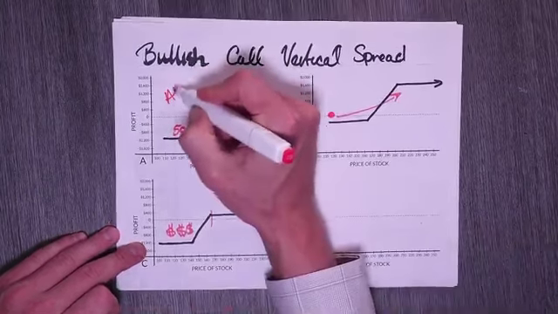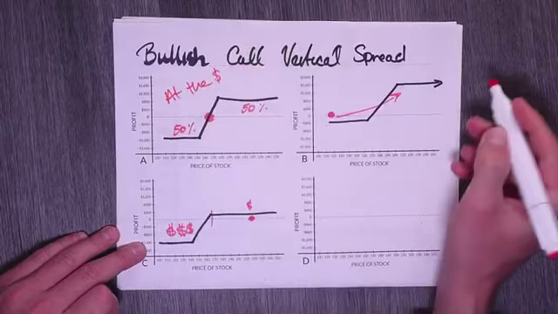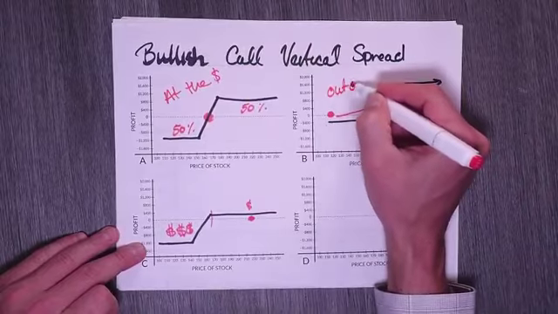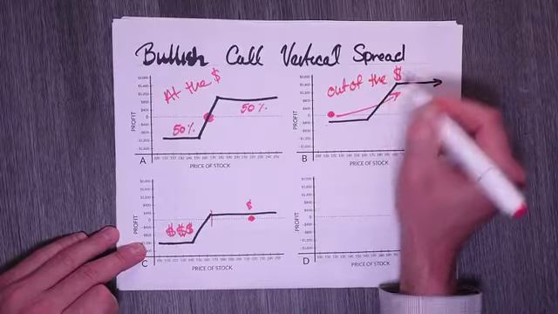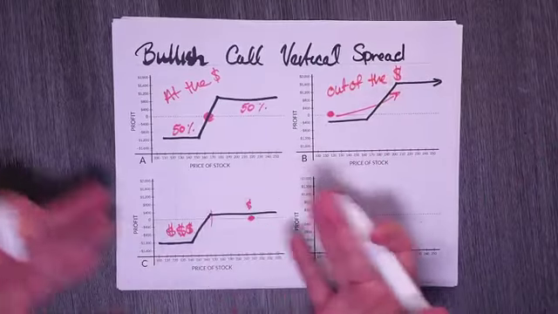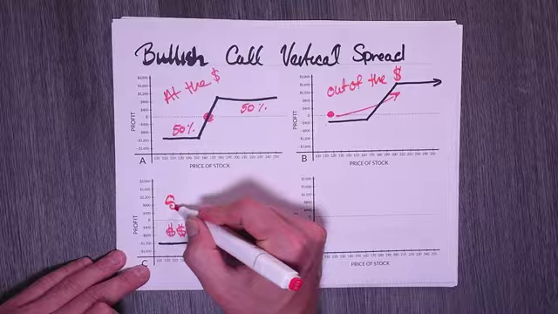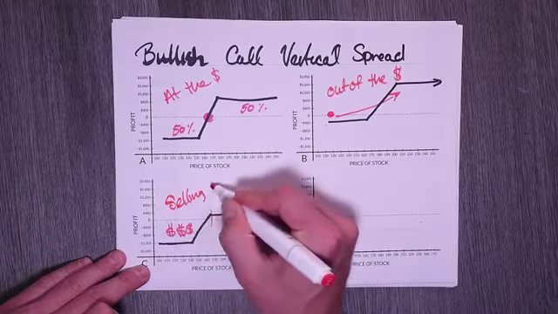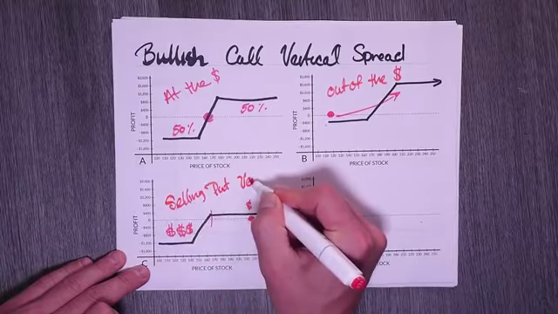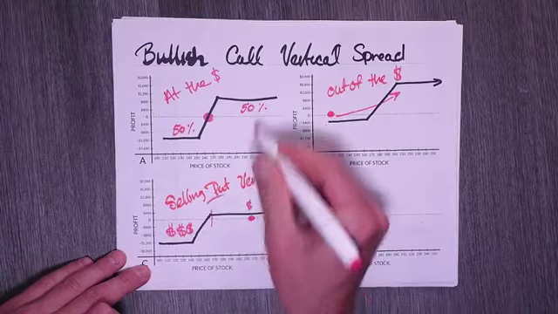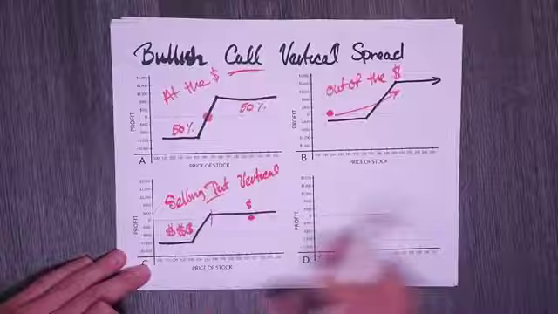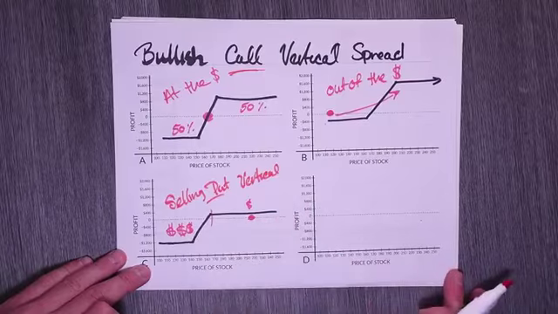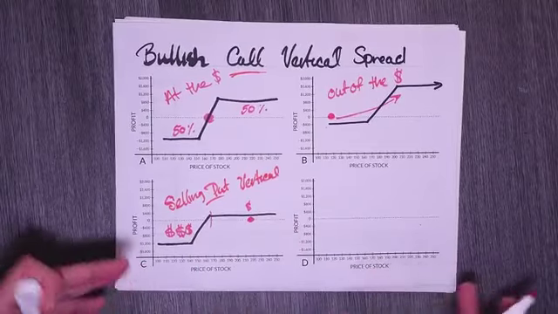This one is at the money. Okay. This one is out of the money. And this one is, you could say, hey, it's selling a vertical actually. So selling a put vertical. So it's in fact a little backwards than what we talked about with the call, but you get the same kind of profit picture or risk reward style.